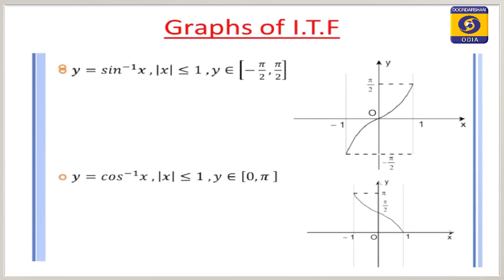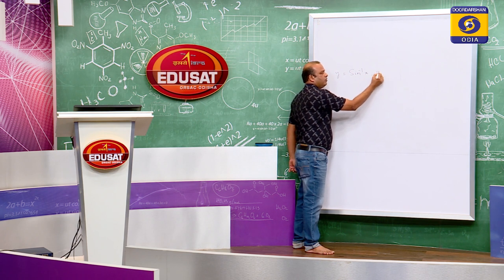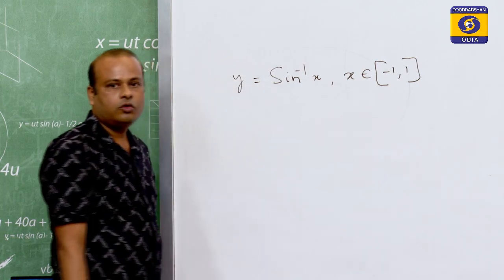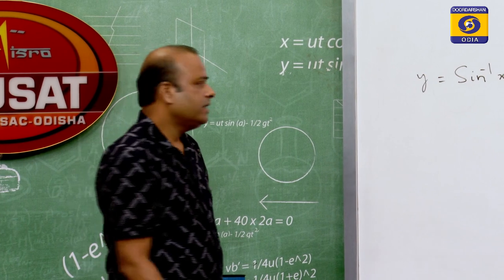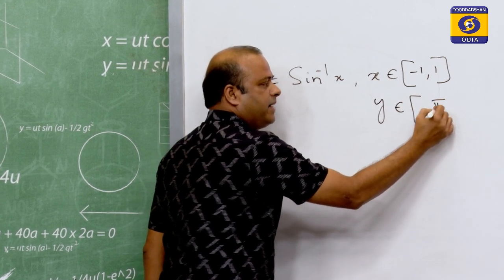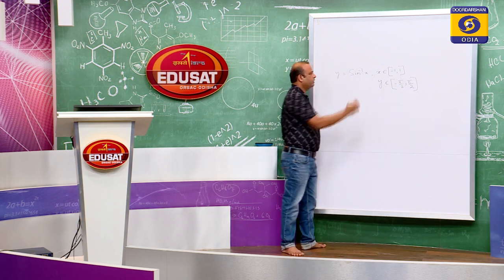So, first take y equals sin inverse x. You know, for y equals sin inverse x, x belongs to the closed interval of minus 1 to plus 1, and y belongs to minus pi by 2 to pi by 2, like this.